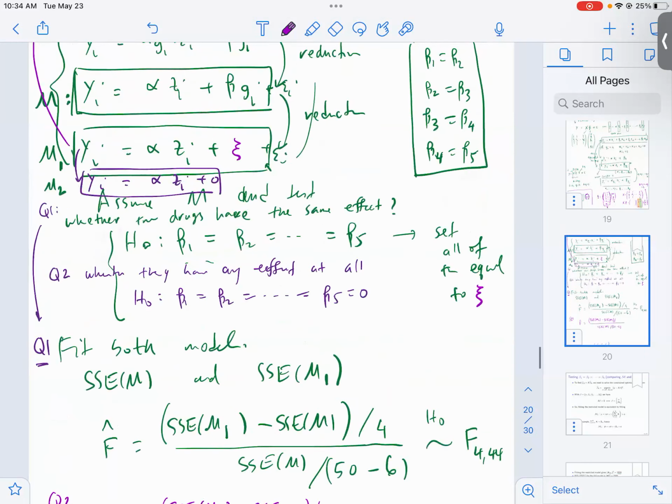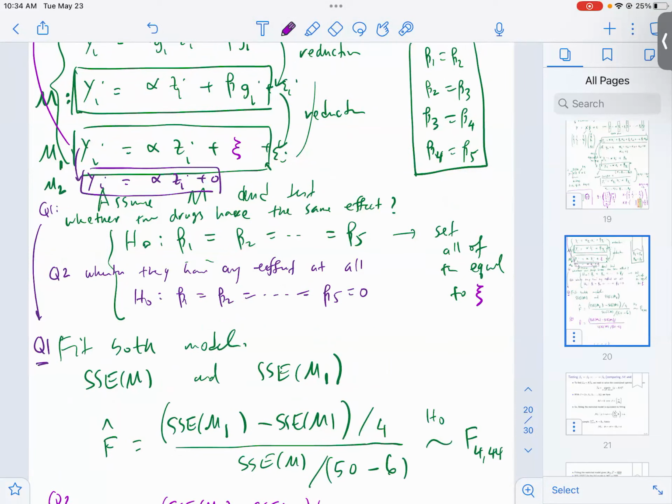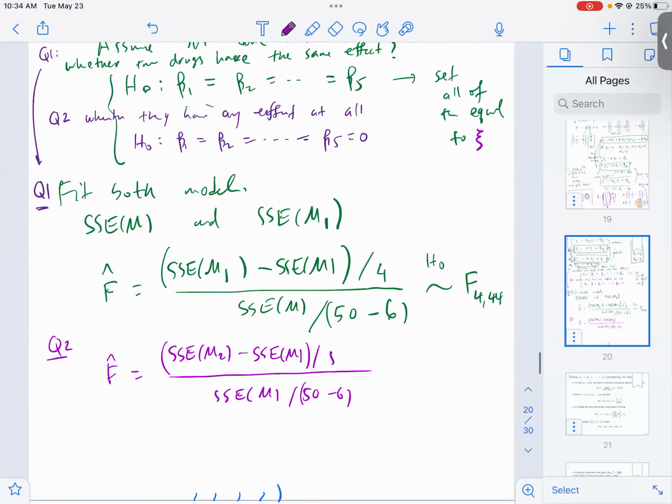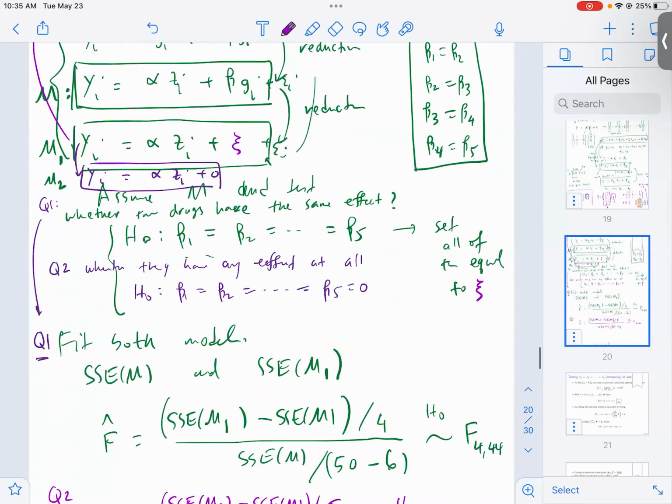How many constraints do we have relative to the base model M if I want to do this? 5. You can see I have to set all the betas equal to 0. So this would be 5, and under H naught it would be F with 5 and 45 degrees of freedom.